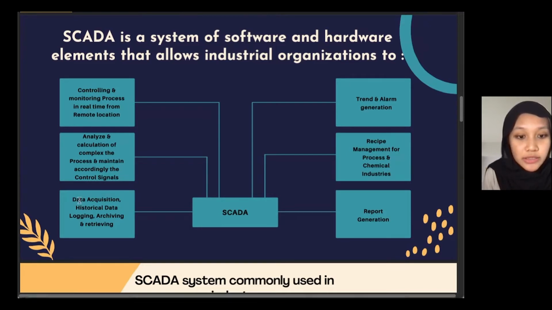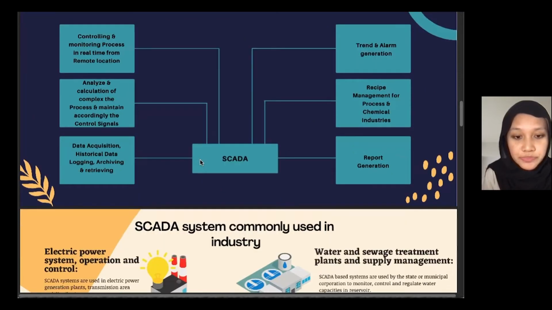The third one is data acquisition, historical data logging, archiving and retrieving. The fourth one is trend and alarm generation. The fifth is recipe management for process and chemical industry. And the last one is report generation.